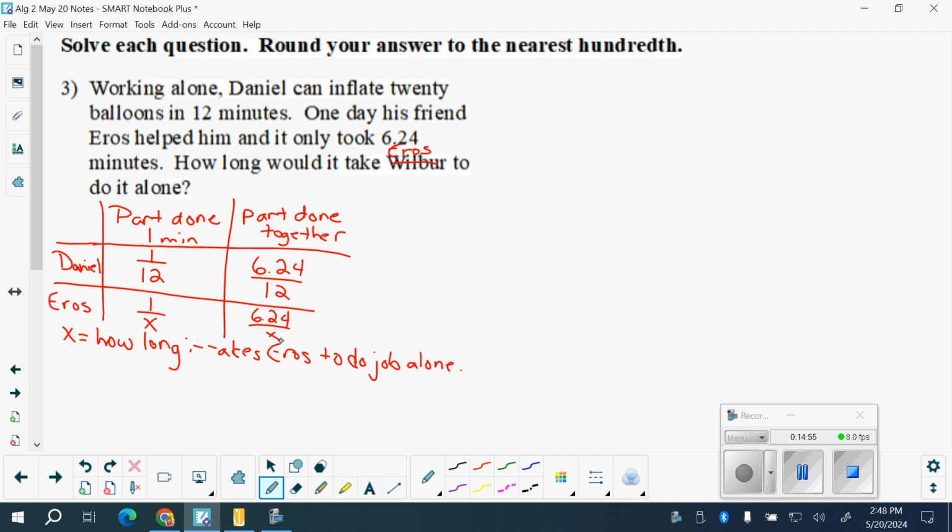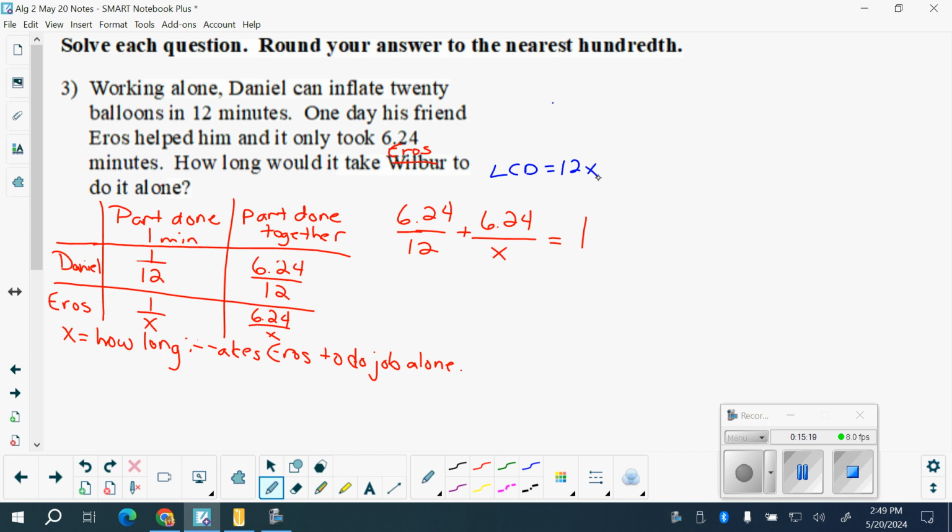So again, we're always going to use this last column here. 6.24 over 12 plus 6.24 over X equals 1 job. What is my least common denominator on this one? Yes.